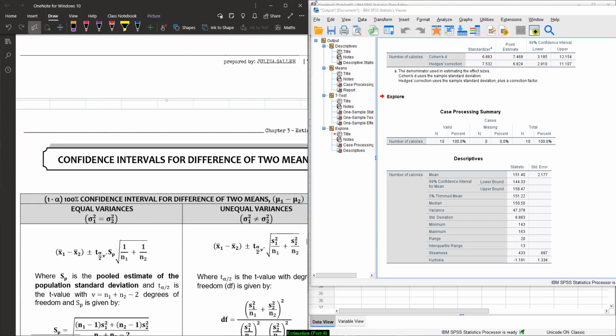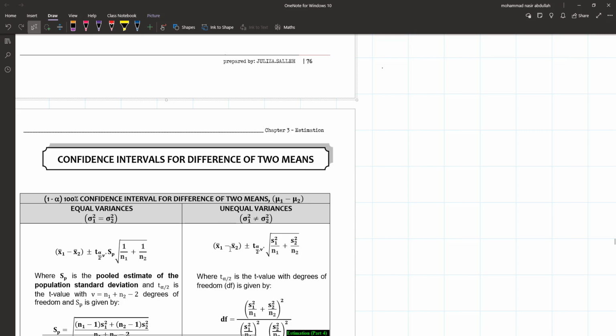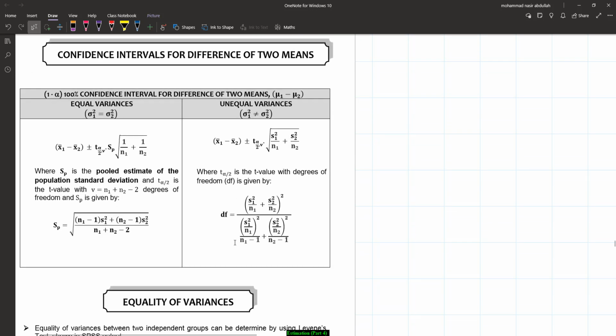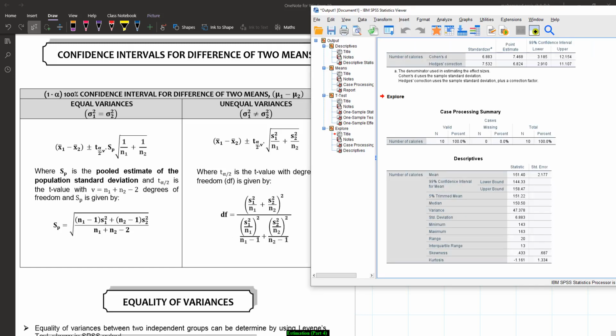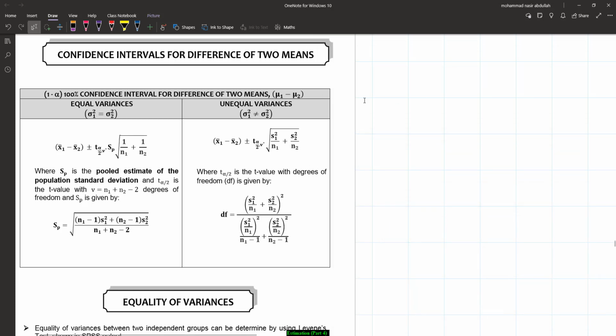So let's look at the next topic for today. Since we already learned point estimation, which is the mean and standard deviation, we also learned the normal distribution: how to find the probability of x less than some number, we need to convert it to a standard normal distribution and then find the probability value, which is the area under the curve.